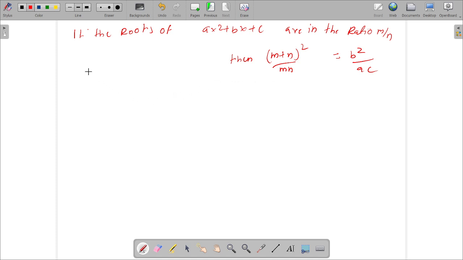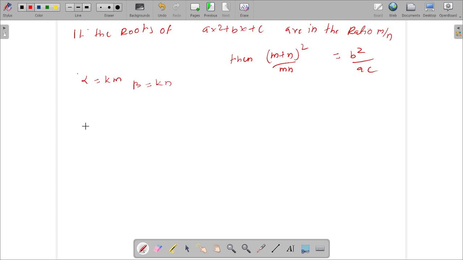Or also this can be written as, okay, this is actually the proof, like a question only. So alpha equals km and beta equals kn, m is to n, na?